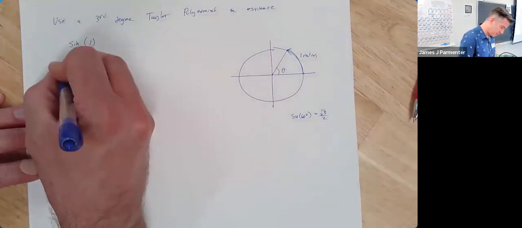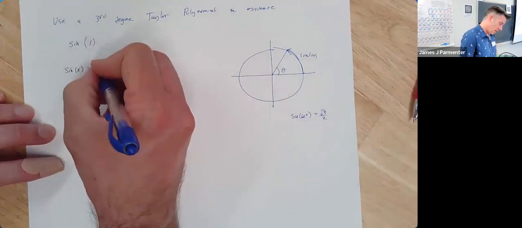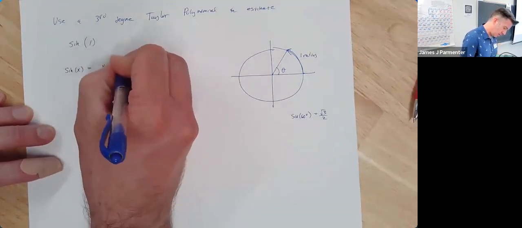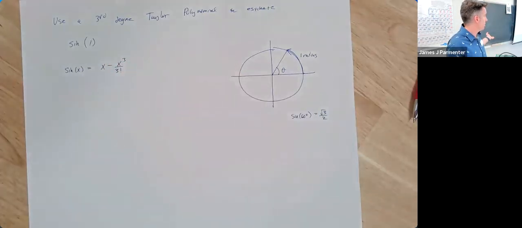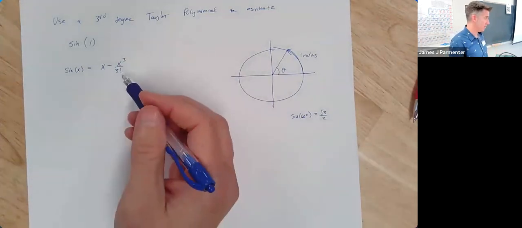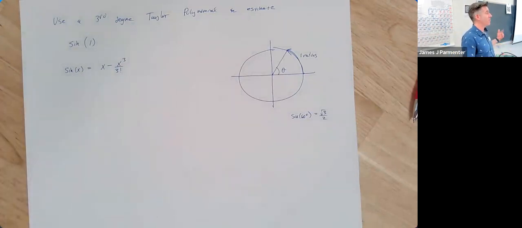So here's my Taylor polynomial for sine of x is equal to x minus x cubed over 3 factorial, and I'm going to stop because that is right. That's my third degree Taylor polynomial for sine. I don't want any more terms because any more terms would get me a higher power.